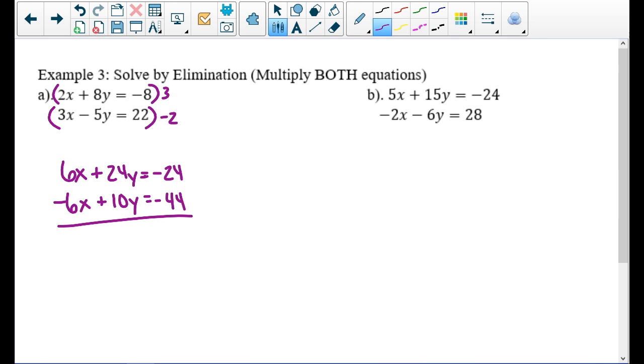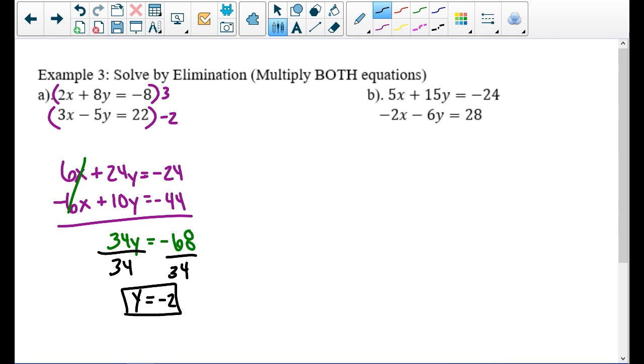And now I can combine my equations here. So again, zeros with my x's, 24 and 10 gives me that 34y. And then negative 24 and negative 44 gives me negative 68. And when I divide here by 34, y then gives me a negative 2.